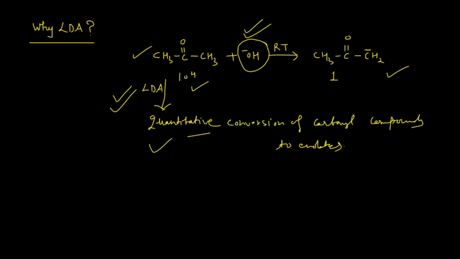If you form this lithium enolate, this is the structure: CH3, C, O negative, Li positive, double bond, and CH2. This lithium enolate is stable at very low temperatures, minus 78 degrees centigrade, but reactive enough to be used in organic synthesis. This is the importance of using LDA in different kinds of reactions.